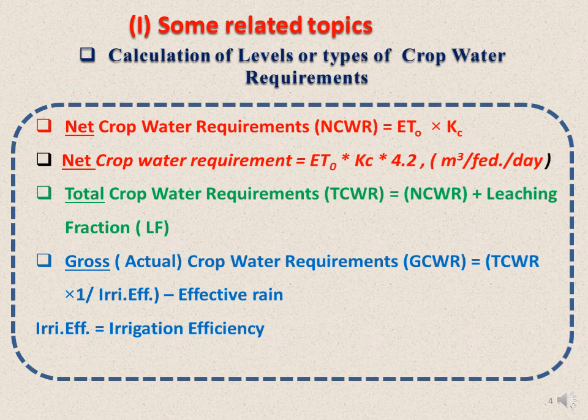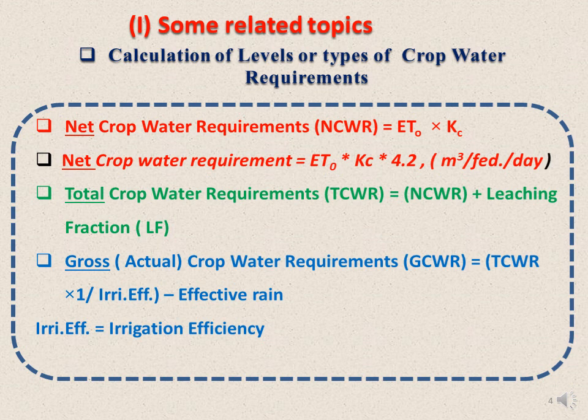Net crop water requirement, NCWR, equals ET0 multiplied by Kc. Kc is the crop factor. Crop water requirement equals ET0 multiplied by Kc multiplied by 4.2 to obtain the units of cubic meter per feddan per day.